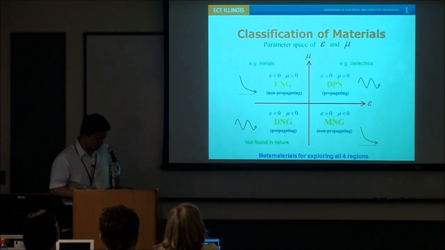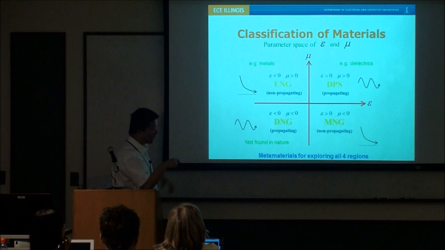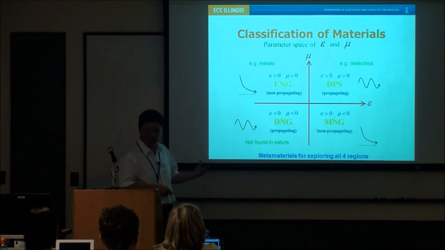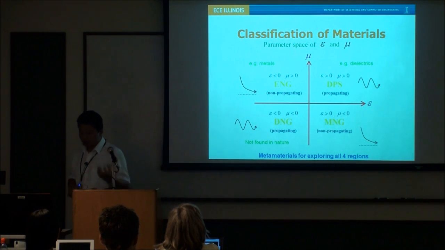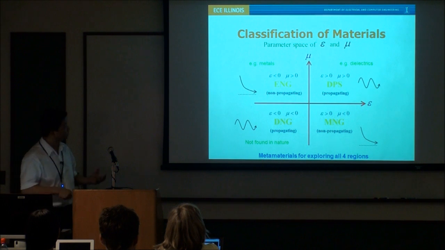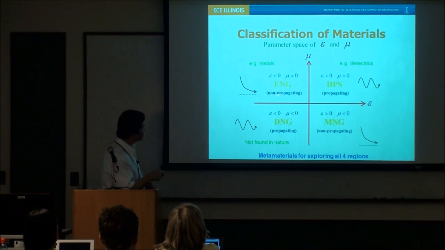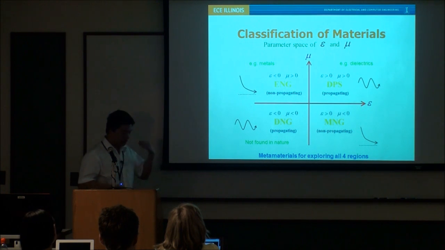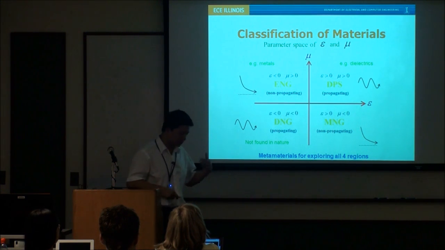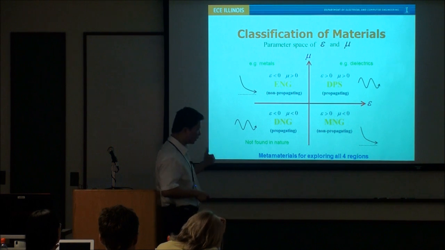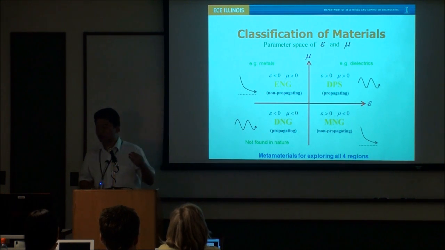But if you have a metal, the natural metal typically has a negative epsilon and a positive mu. So that's called an epsilon negative material for the metals. If you have an electromagnetic wave propagating in the metals, you will see a lot of loss and also very huge attenuation.